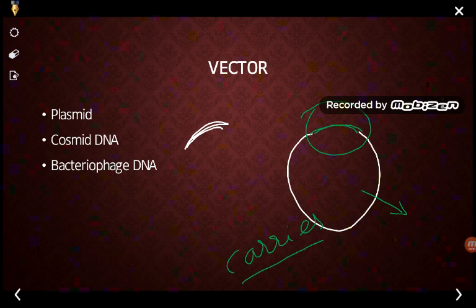It may be cosmid DNA, or various types of plant and animal viruses, and sometimes bacteriophages. So bacteriophage DNA, plasmids and cosmids are normally the vectors used in order to insert our interested DNA, and then they are cloned.